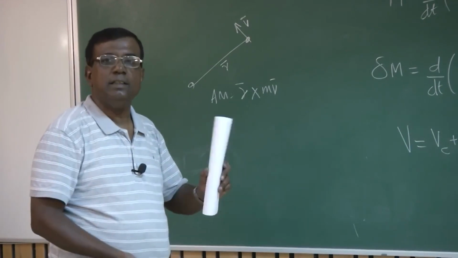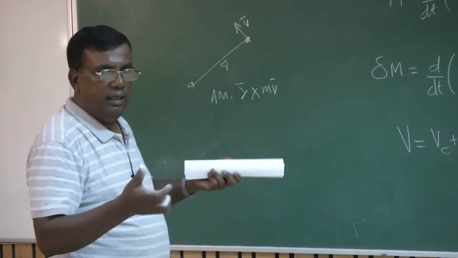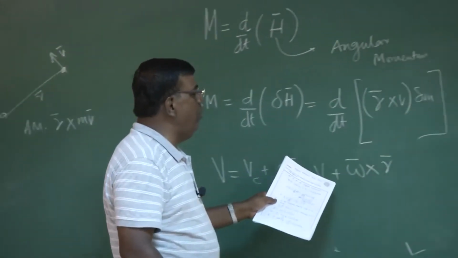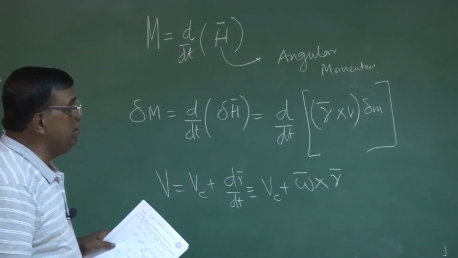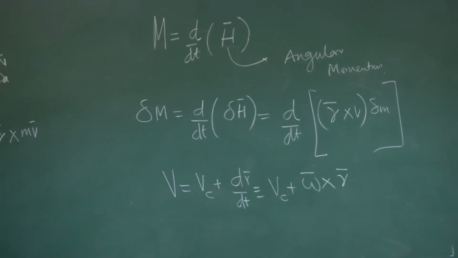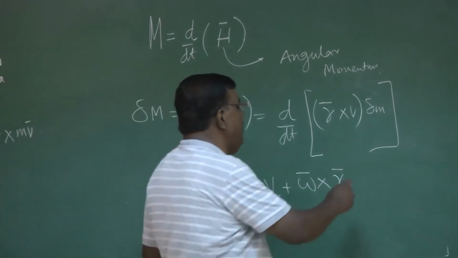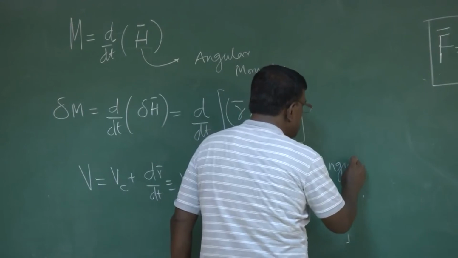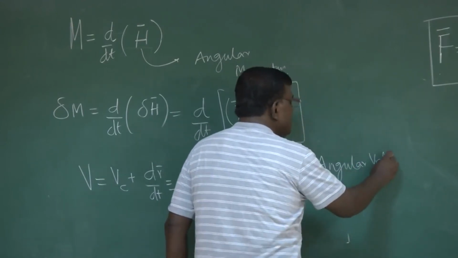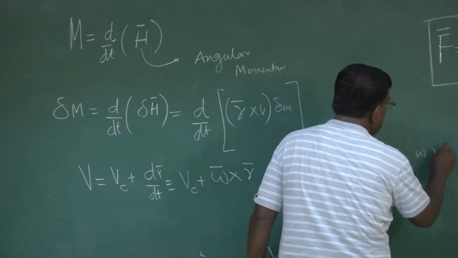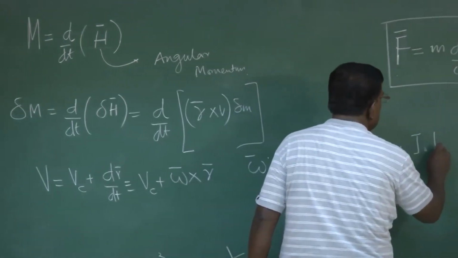Omega cross r, right? Omega is generic three-dimensional, so omega cross r is there. So I can replace dr by dt by omega cross r. What is important to know is that this omega is the angular velocity with respect to the inertial frame.